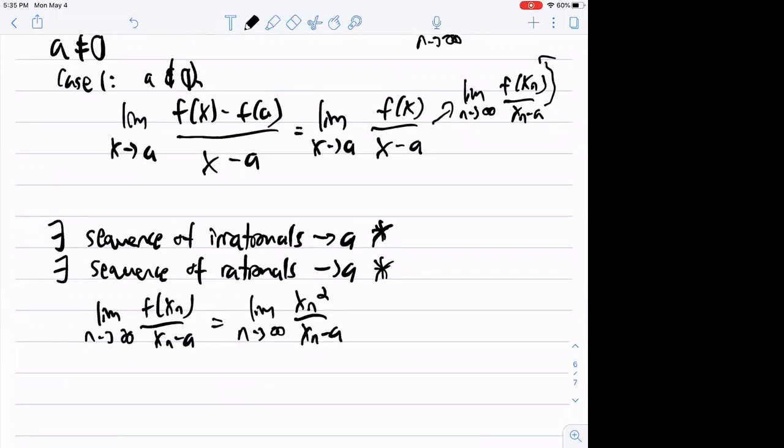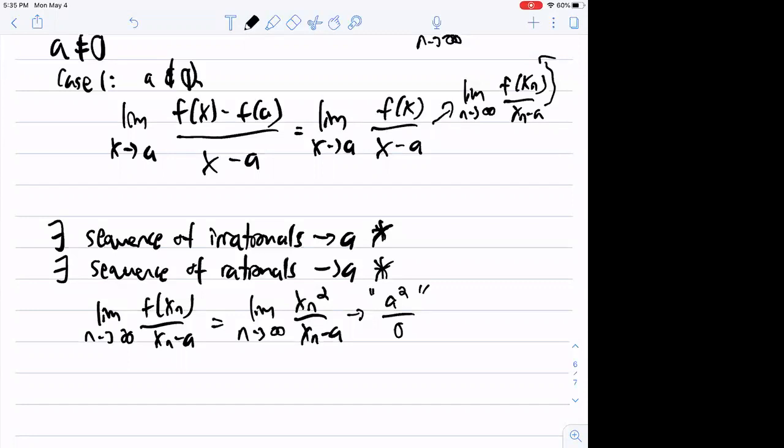If I'm going to a, this thing goes to a squared over a minus a, since xn goes to a. I write it in quotation marks because I'm really not allowed to do that. It goes to a squared over 0. So the point is the limit doesn't exist, because a is not 0.